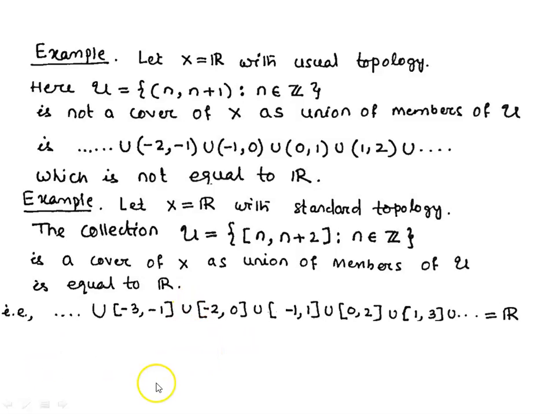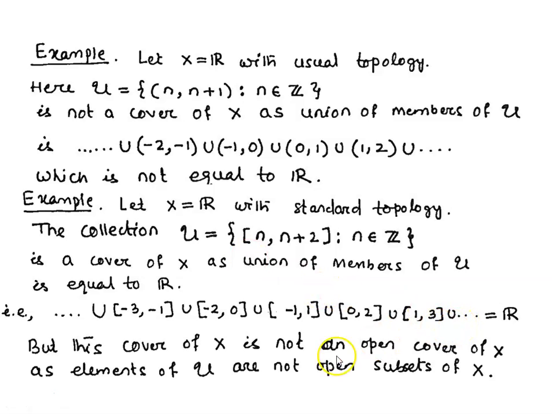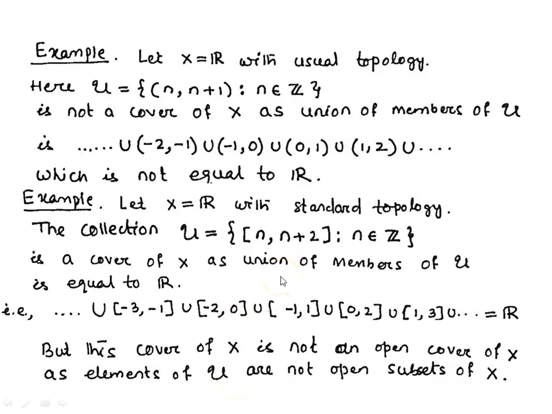Here the union of all the members of this collection becomes R. So this collection is a cover of X, but the members of this collection are not open sets in X. So this is not an open cover of X. So in this example, we have seen that for X equal to the real line with usual topology, this collection U is a cover of X, but not an open cover of X. Let us change this collection slightly.